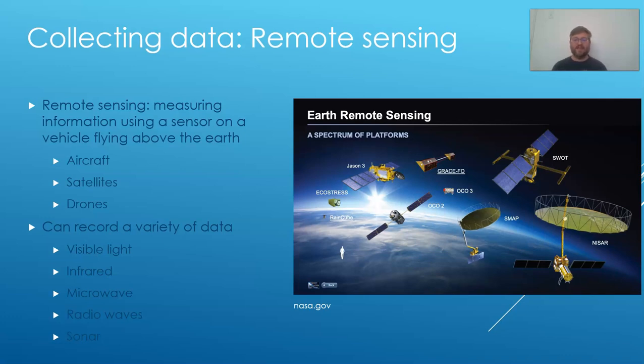So these are other parts of the electromagnetic spectrum that we can't see with our eyes, but which we can build a sensor that will detect that data. We can also have sonar-based sensors that use sound waves to gather data about the ground underneath. And the usefulness of these different kinds of data is going to depend on what we're trying to find out about the Earth.